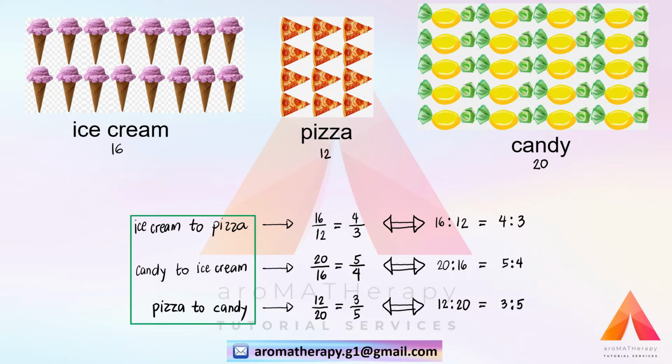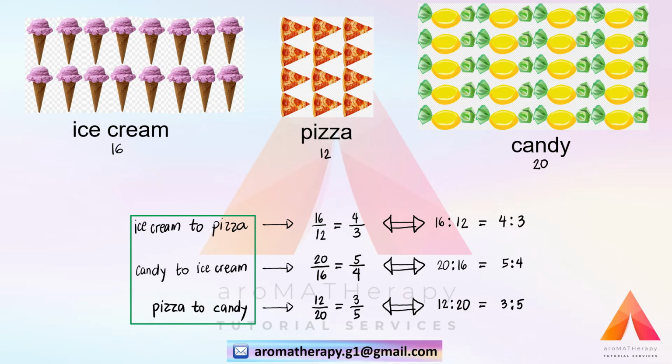As you may notice, naka-box, we have here the given order: ice cream to pizza, candy to ice cream, pizza to candy. So in this example, sa may example number 3 dito kanina, diba, as you may notice, una kong sinabi si candy at pizza. I just wanted to emphasize the definition of ratio here.